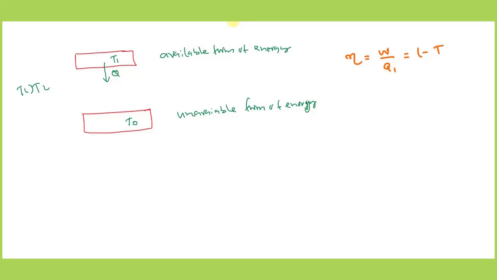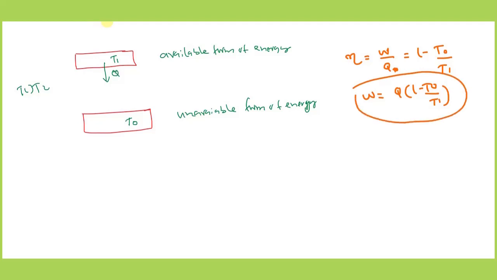Here the temperature of the sink is T0, so this will be equal to 1 minus T0 by T1. So the maximum work obtainable W will be equal to Q into 1 minus T0 by T1. Instead of Q1, we use Q because Q is the amount of heat taken. So this will be the maximum work obtainable.